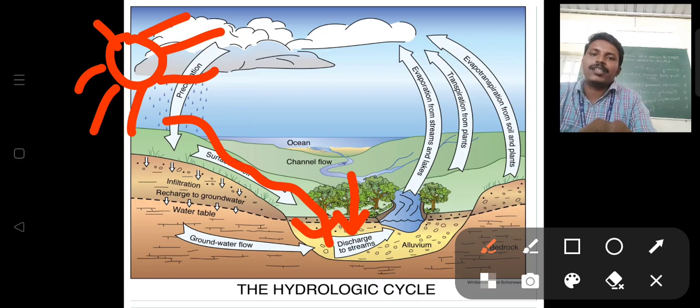Evaporation is the change of state of matter from liquid state to gaseous state with the help of solar radiation. It is called evaporation.